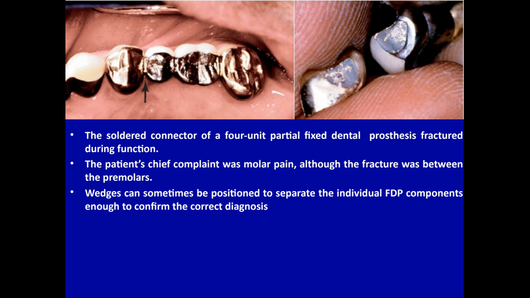We can use a wedge to increase the separation to detect the fractured connector clinically, or we can use a loupe to magnify this area to detect the space or the gap between the anterior full coverage retainer and the pontic.